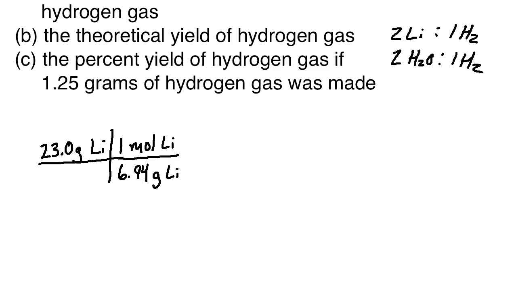Now, this would give me moles of lithium, and you need to be careful of a pitfall here. A lot of students will say, I have moles of lithium, I have moles of water. They'll do the same thing for water, and then they stop and compare that. That, to use the analogy, is comparing apples to oranges, because a mole of lithium is not the same thing as a mole of water as far as the molar mass and the number of lithium atoms versus water molecules.